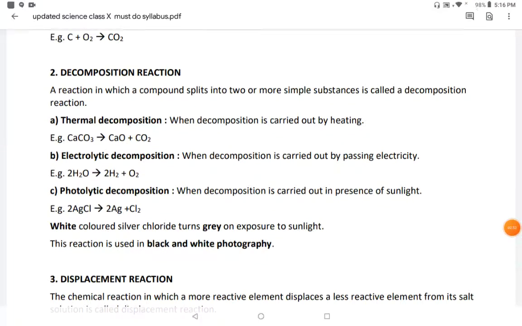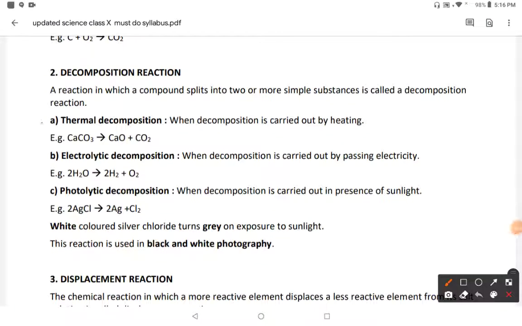First we will see the example of thermal decomposition. Here is calcium carbonate. When it is heated, it splits into two simpler compounds. One is calcium oxide, that is called quicklime, and the other is carbon dioxide. Similarly, one more example is given here: ferrous sulfate.